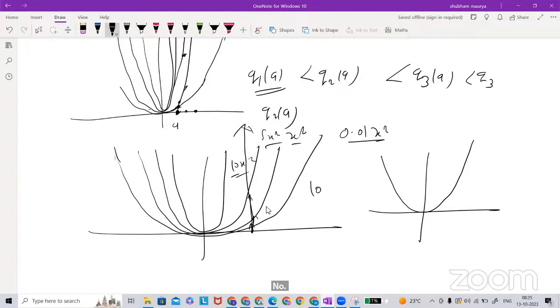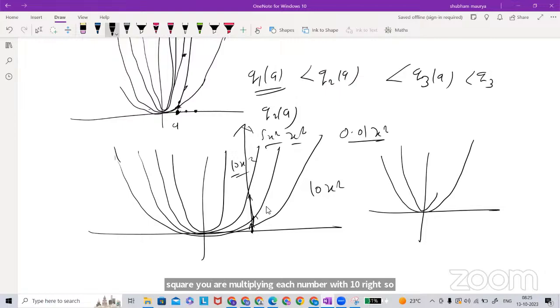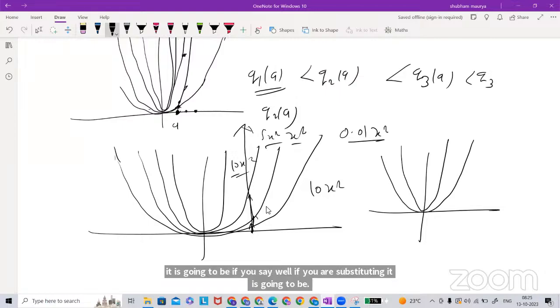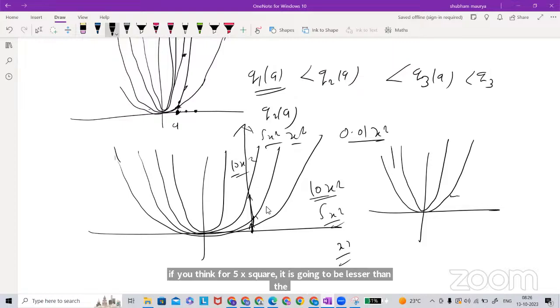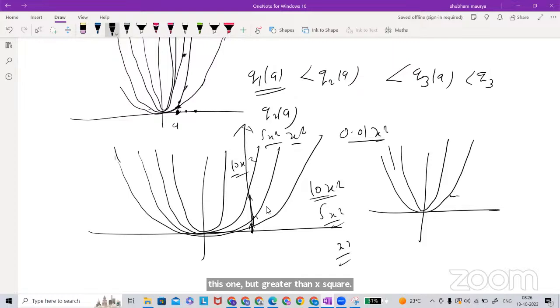If you multiply it by 10, you are multiplying each value by 10. So for the same value substituted, the result is greater, and that's why the curve is sharper than this one. Similarly, 5x square is lesser than this one but greater than x square, so the curve is in between. So x square, this is 5, this is 10.